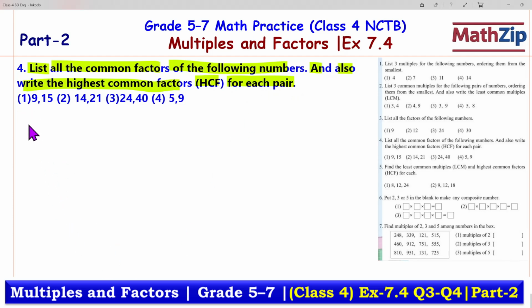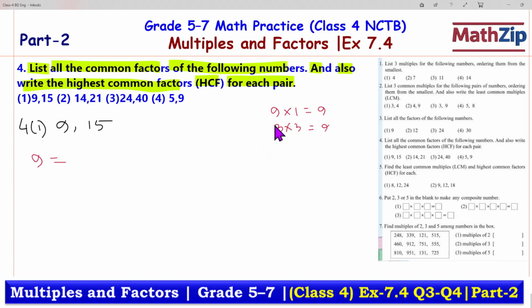So number 4.1, 9 and 15. We have to find the common factors and also the highest common factor. First 9, which we already discussed: 9 times 1 equals 9, then 3 times 3 equals 9.